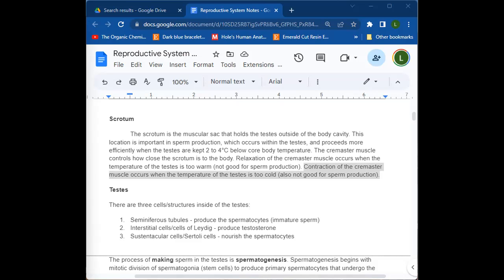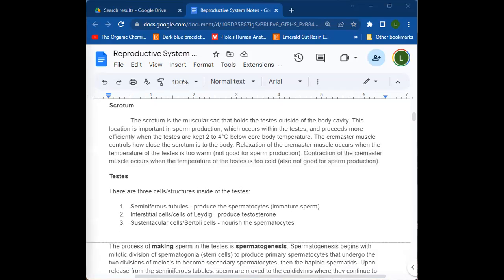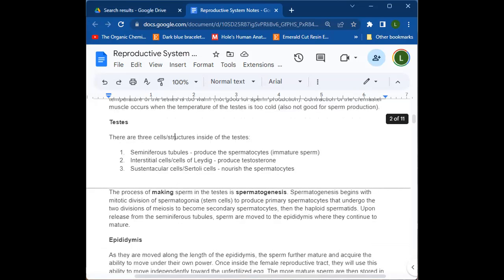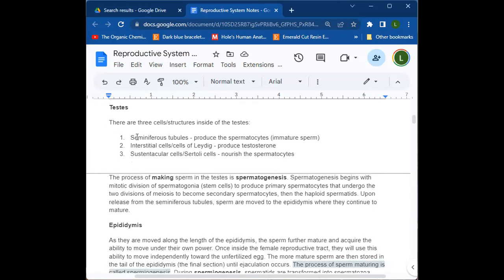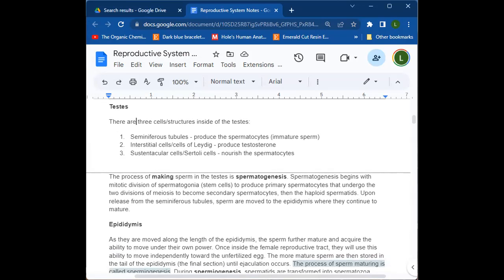Okay, and then speaking of the testes, we need to know that inside the testes there are 3 different types of cells: seminiferous tubules, interstitial cells, and sustentacular cells.